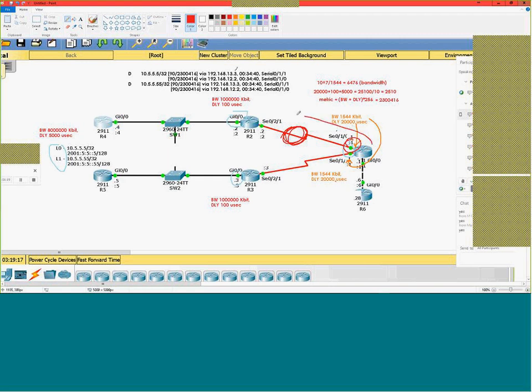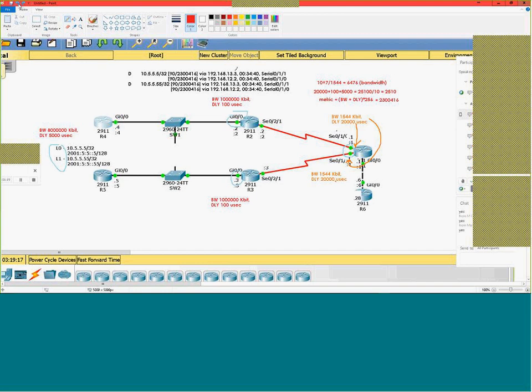Then this path is preferred to get to the loopbacks. But this router will load balance to get back, because the metric returning is not symmetric with the metric going out. Does that make sense? All things to consider when you're doing this type of route manipulation.